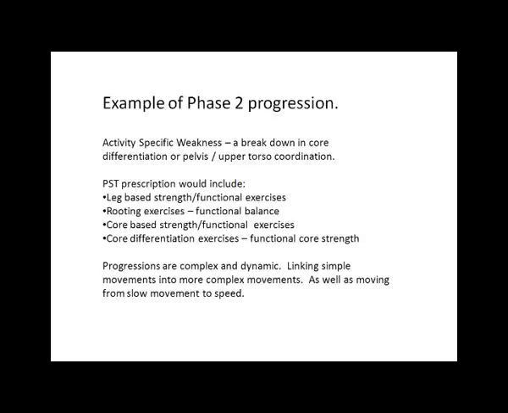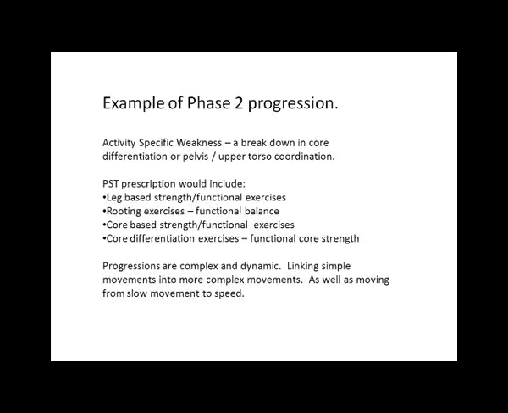The progressions here are going to be more complex and more dynamic. So, an example, linking simple movements into more complex movements. In phase one, we're just doing these simple little units of movement, and we're satisfied with that. In phase two, where we're more aggressive about what we're trying to accomplish, we're going to take simple movements and start linking those simple movements together into more complex movements.